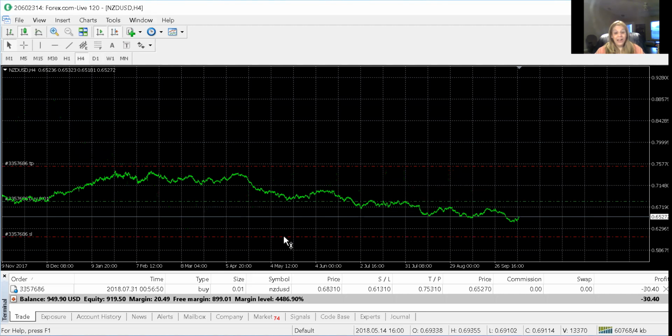That's why 0.01 is the perfect size for this lot, and I can go with it for an extended period of time. It's not a quick fix. It takes patience, consistency, and letting the trade do what it's going to do.